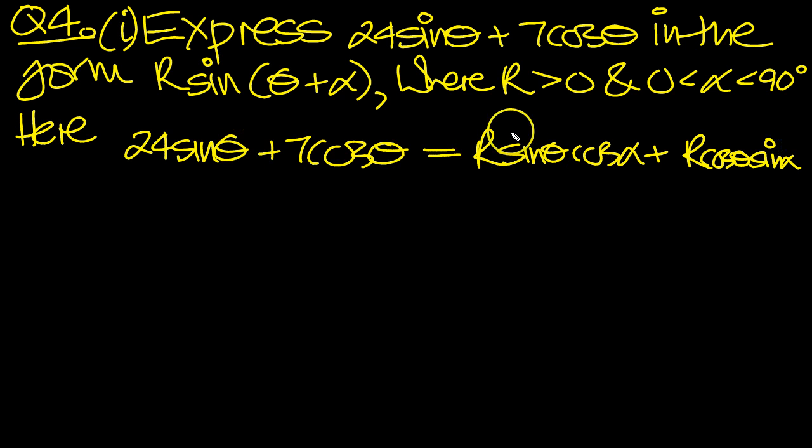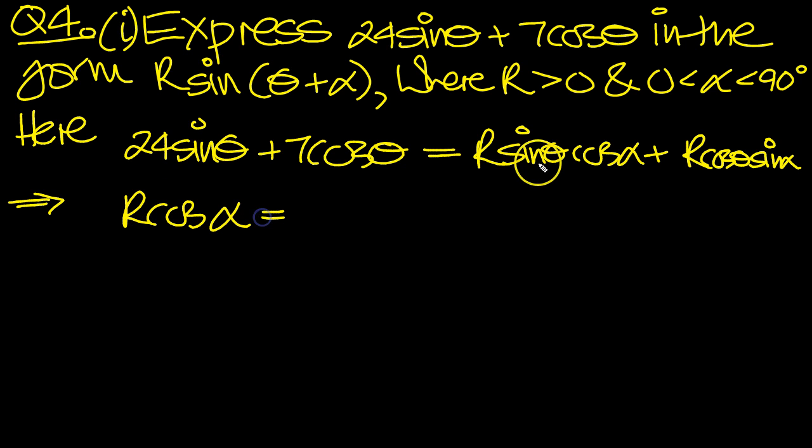Now let's equate the sines and cosines then. So this many sines is r cosine alpha, that many sines there. Number of sines here is 24. And also r sine alpha, that's the number of cosines, must equal 7, mustn't it?